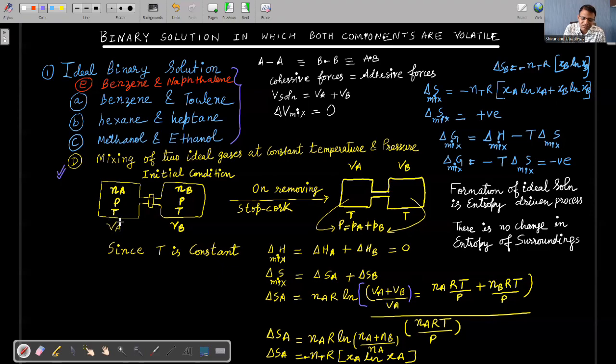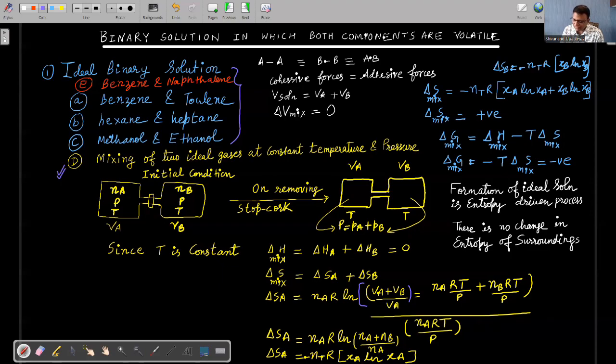From there Va is equal to NaRT by P, and Vb is equal to NbRT by P. So RT by P will cancel out, leaving Na plus Nb upon Na, which is 1 upon mole fraction. So if I simplify, I multiply and divide by N total: Na upon Na plus Nb is the mole fraction of A, since Na plus Nb is N total. So I am taking N total in numerator and denominator.